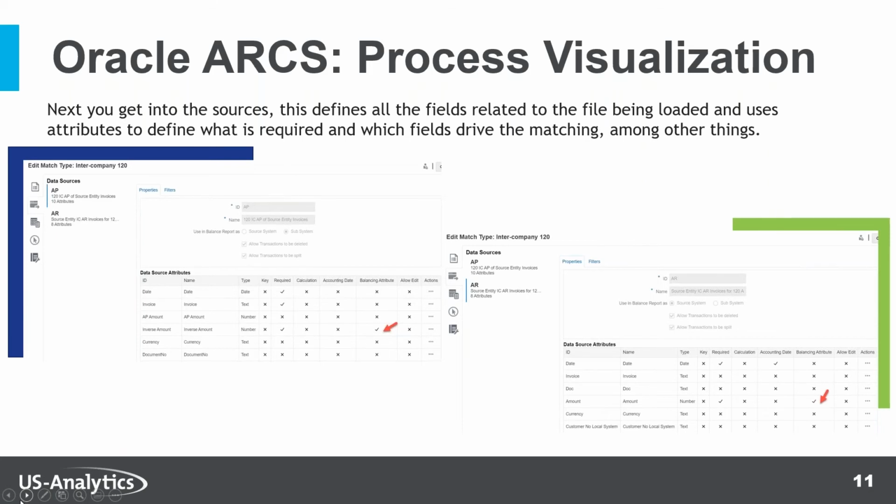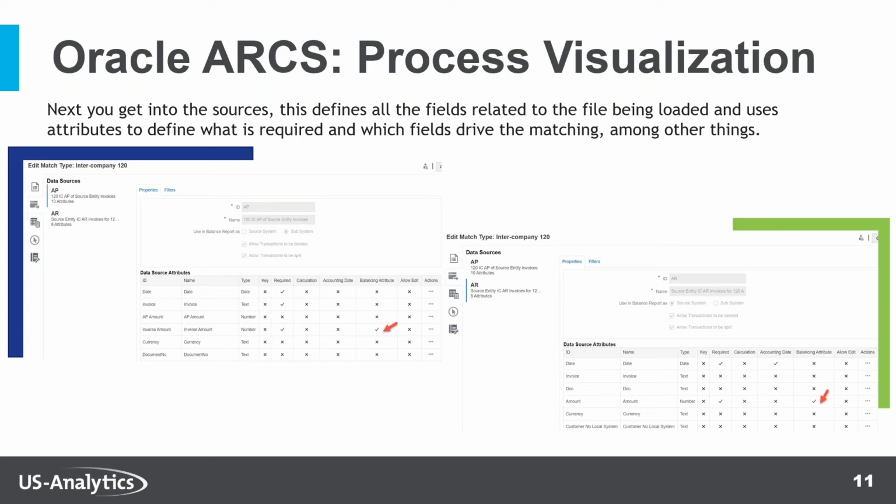In this first screenshot to the left, you can see we're looking at the AP portion. And here are the attributes that I was referring to in our previous slides. We have attributes of ID, date, invoice, AP amount, inverse amount, currency, and document number.